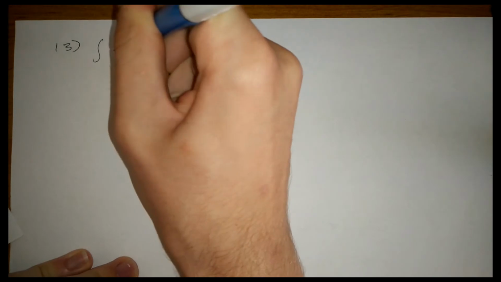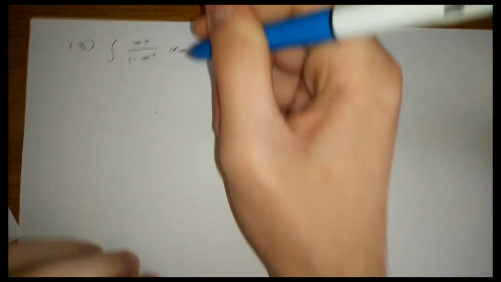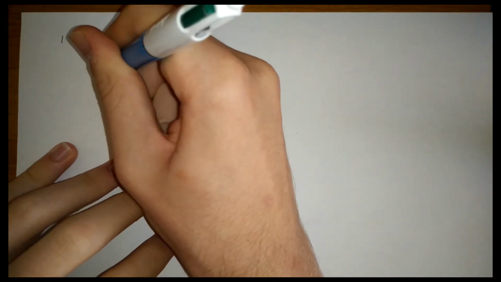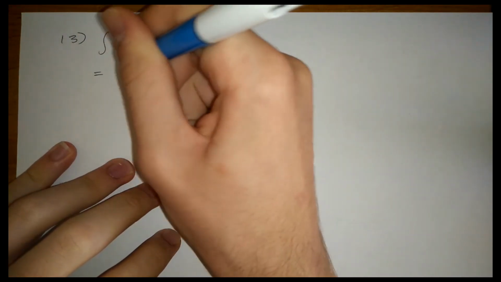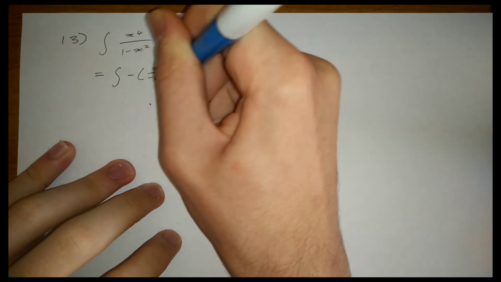So now, if we want to go to question 13, the integral of x to the 4 on 1 minus x squared dx. So the way that I'll do this is just immediately I'm going to have negative times x to the 4 on negative 1 minus x squared.